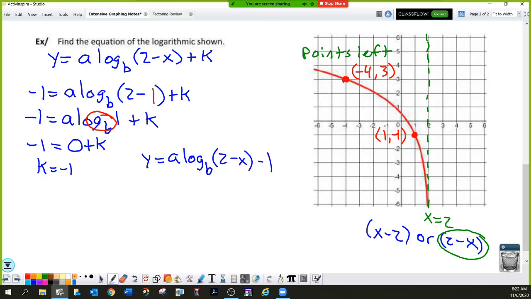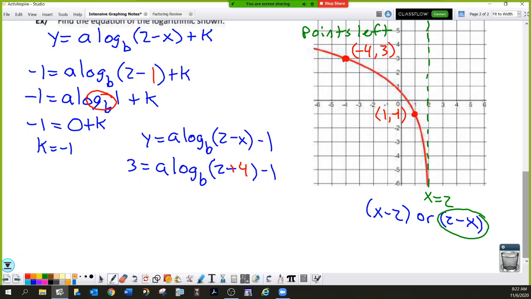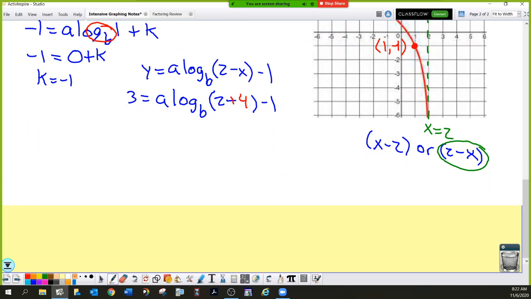Watch this. I'm going to plug in negative 4 comma 3. 3 equals a log base b of 2 minus negative 4 minus 1. And allow me to stretch the page a little bit so my people in the nosebleeds back there can see what I'm writing.